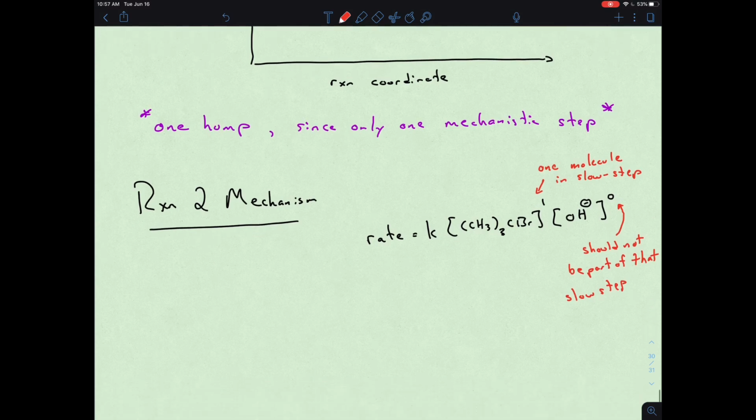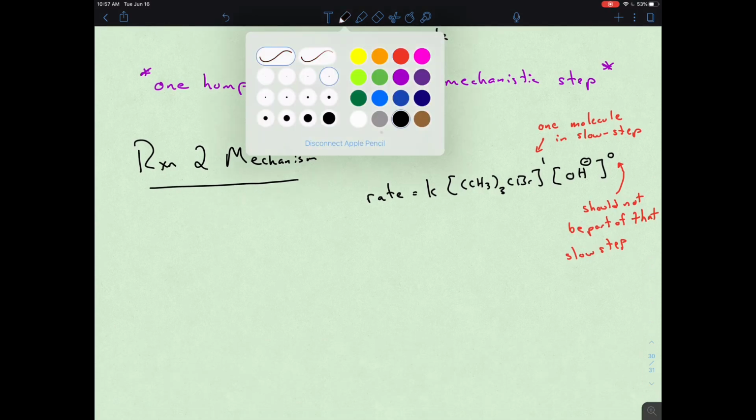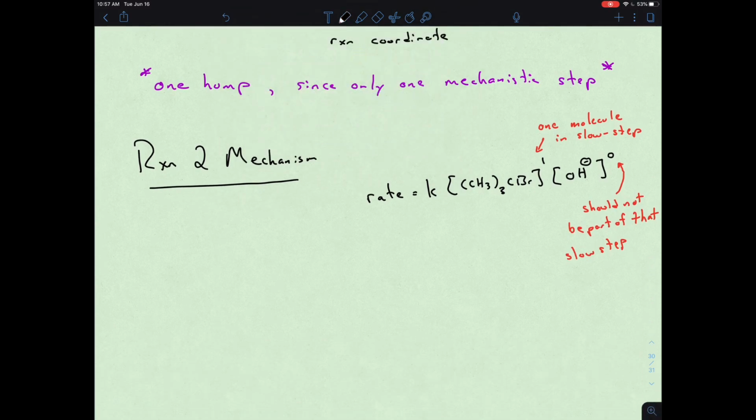So a possible mechanism might look something like this. Instead of doing everything in one step like we did in the first reaction, we could maybe break it down into 2 steps, where we could say the first step is the breaking of the carbon-bromine bond.